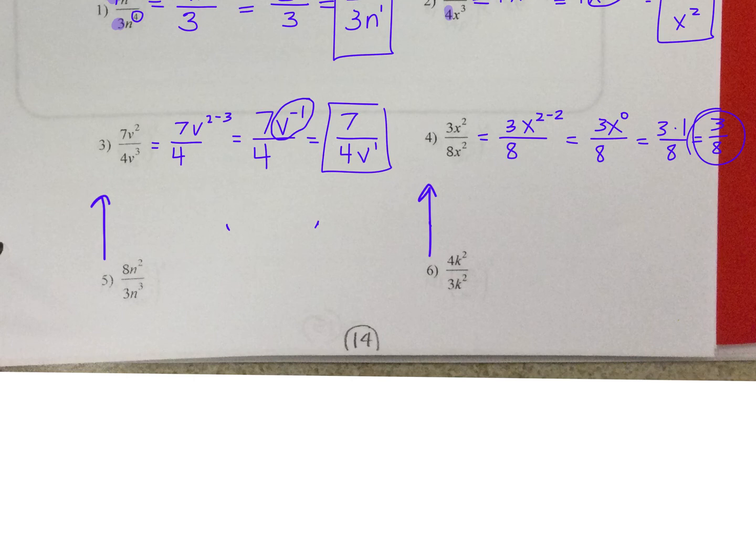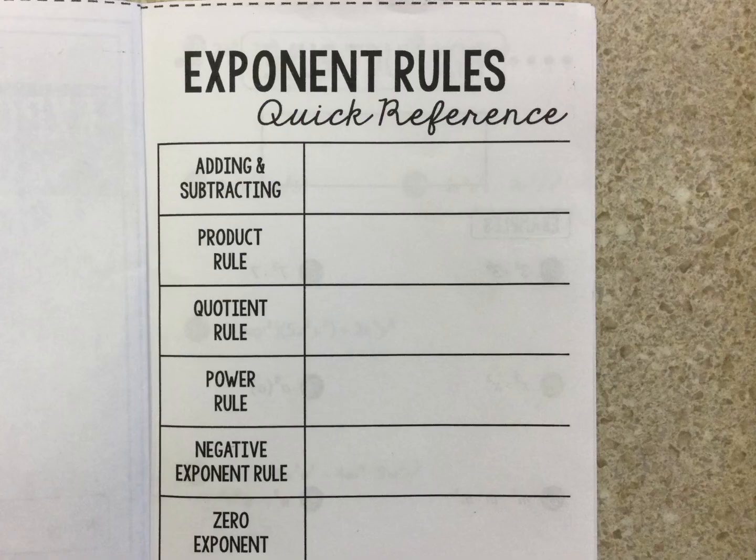Do those two. When you're done, I need you to get out your rule book. All right, we've just learned the quotient rule. I'm going to say 12x to the third over 2x to the first. The quotient rule would be to divide 12 divided by 2. That gives me a 6. For x, 3 minus 1, which would give me 6x squared.